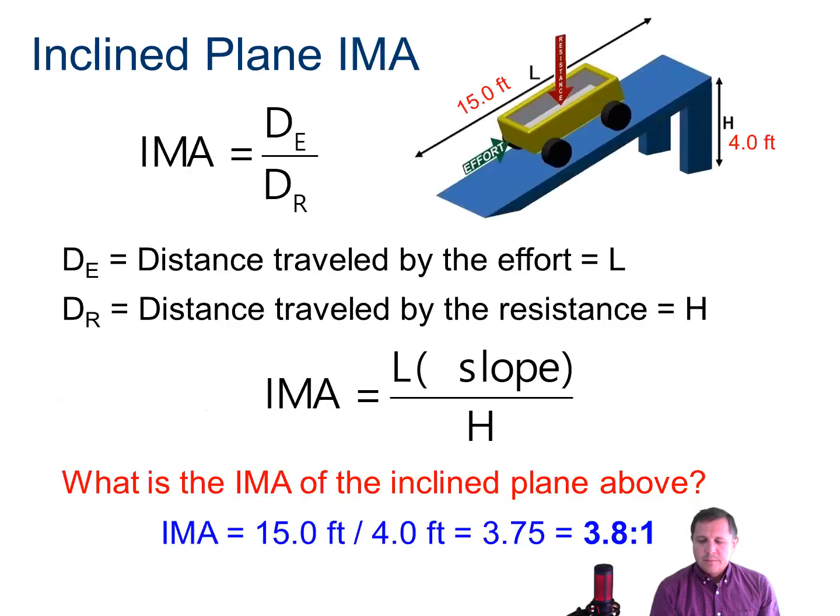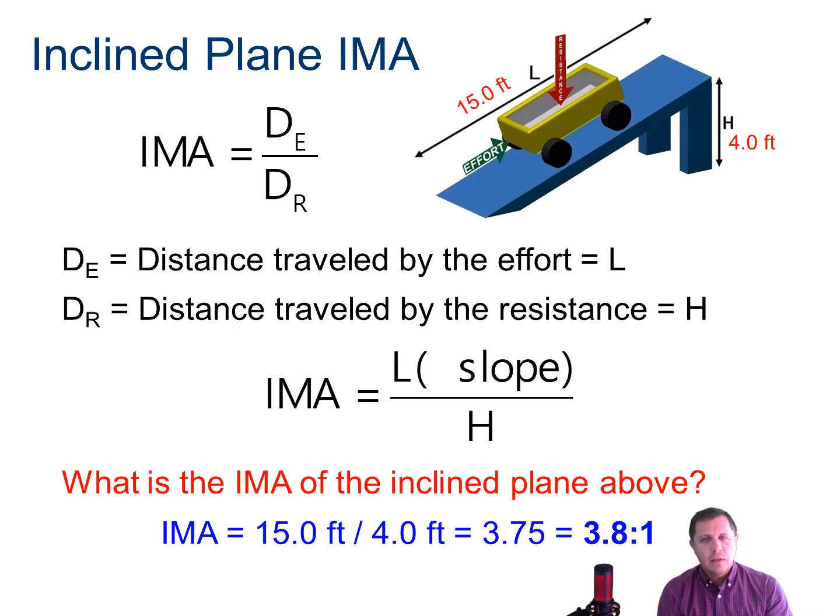So the IMA is going to be simple. The length of the slope is your effort distance, because that's the way you go up. That's the effort you put in, going up that slope over the height.